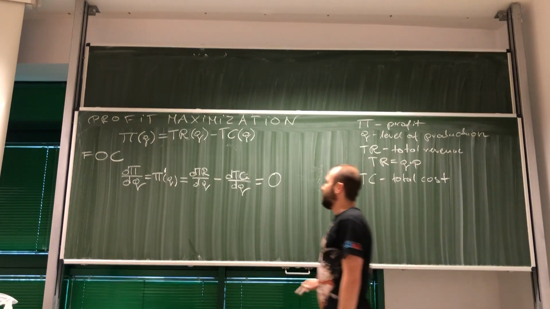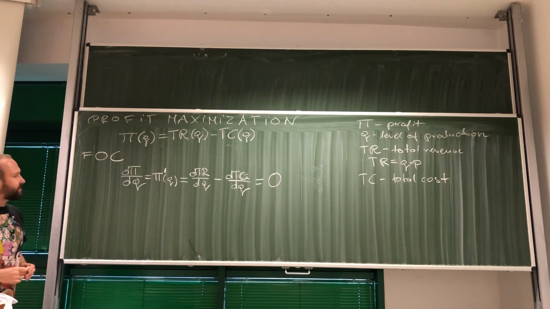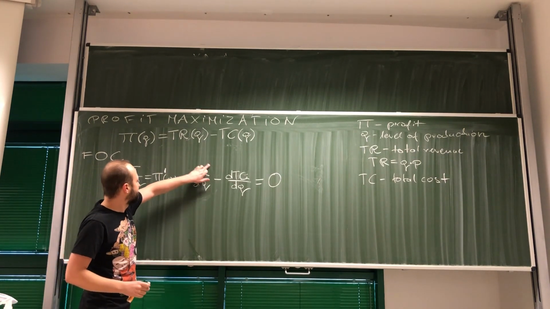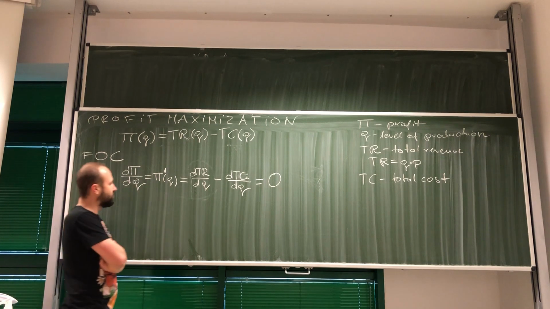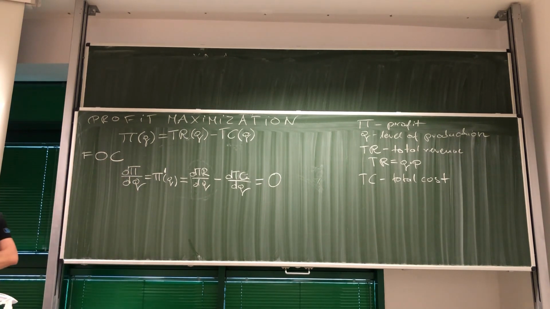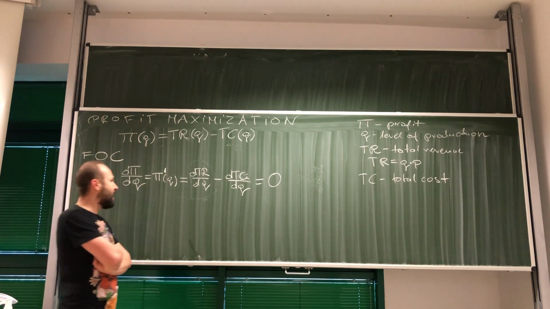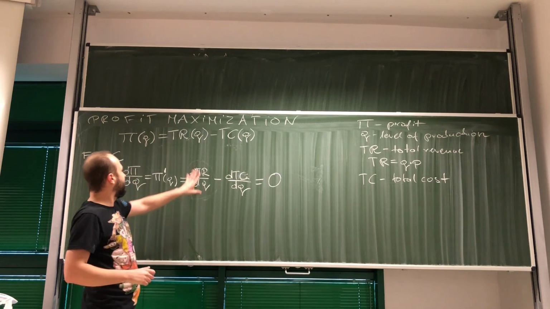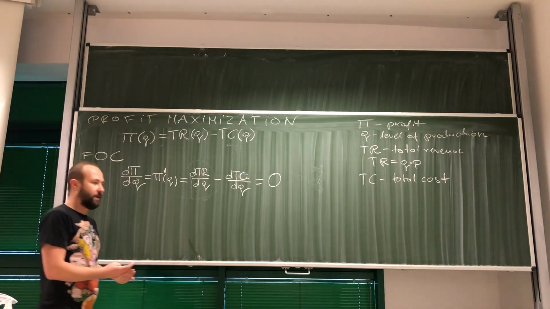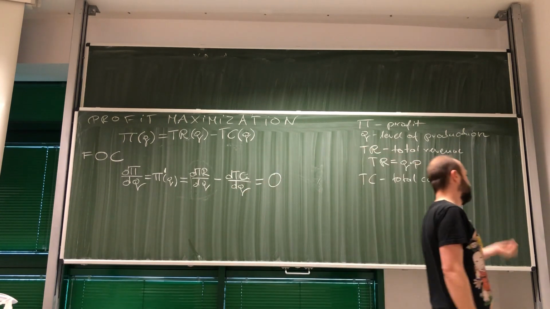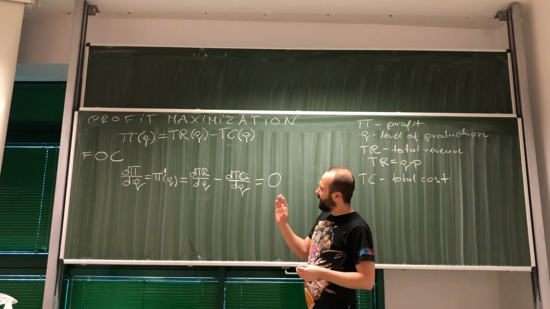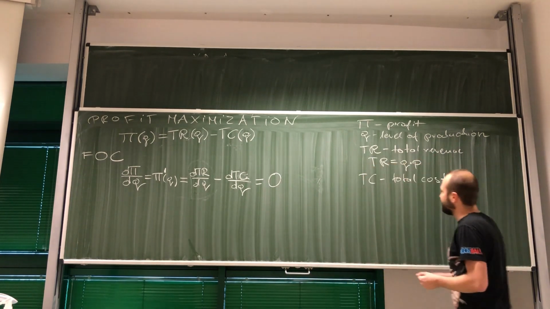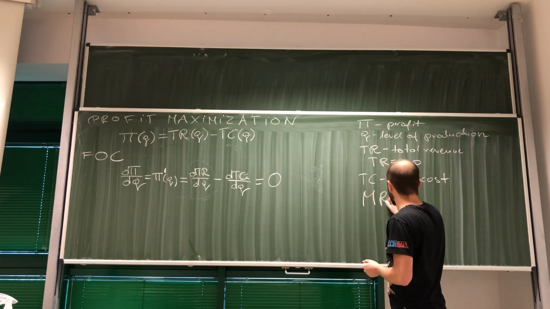Okay, now let's consider for a second what we do have over here. Look, here we see that we've got the first derivative of total revenue with respect to quantity. So, in other words, this expression is telling us by how much total revenue will change if quantity increases by some very small amount. And probably in your microeconomics classes, you've already heard a similar concept. This concept is marginal revenue.